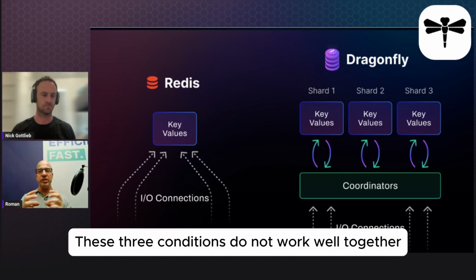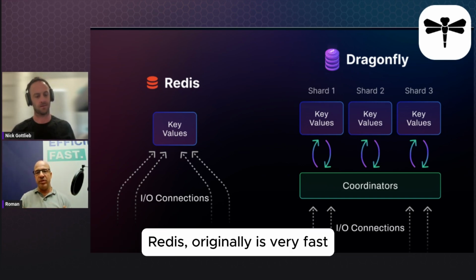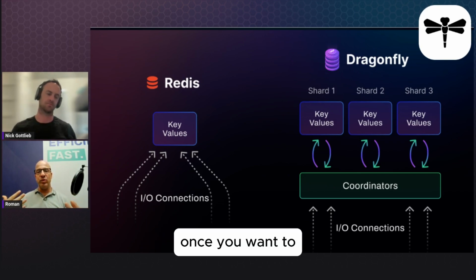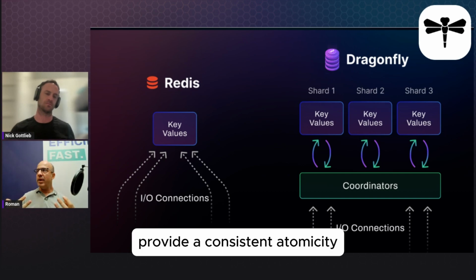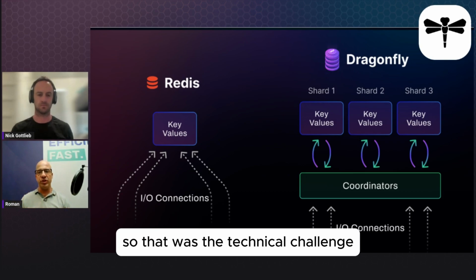These three conditions do not work well together. Original Redis is very fast. Once you want to provide consistent atomicity, it creates contention between threads. So that was the technical challenge.